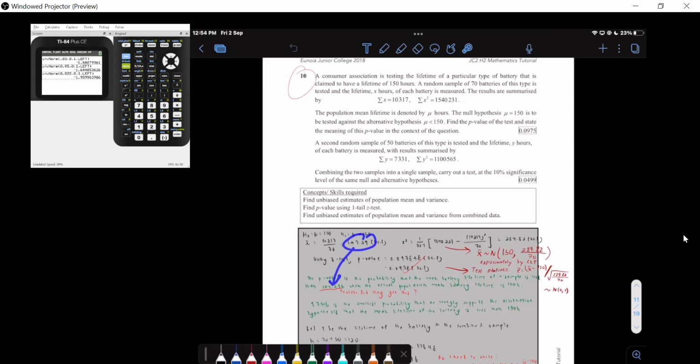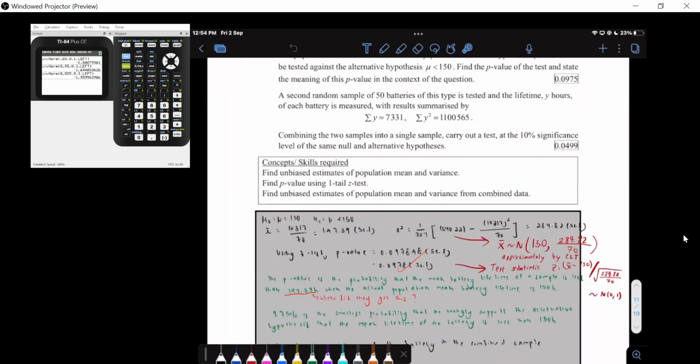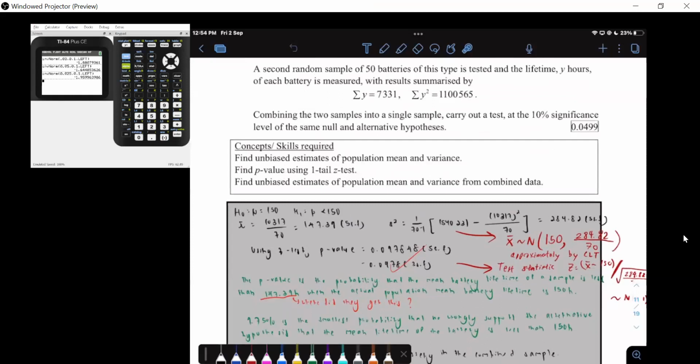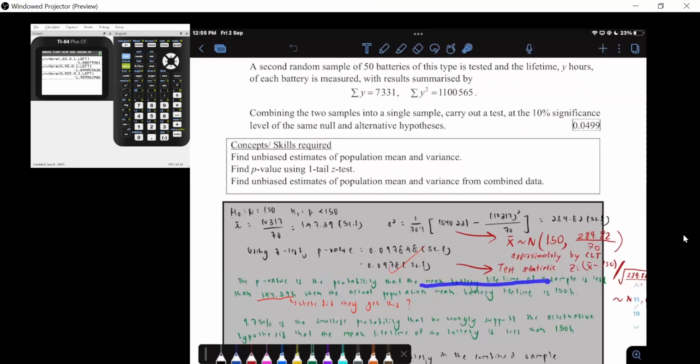Then it's the probability of observing a test statistic, in this case, the mean battery lifetime of the sample. And you want it to be as extreme as or more extreme than the obtained value, which we obtain from our data.